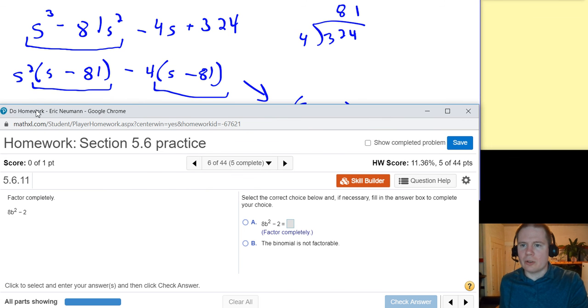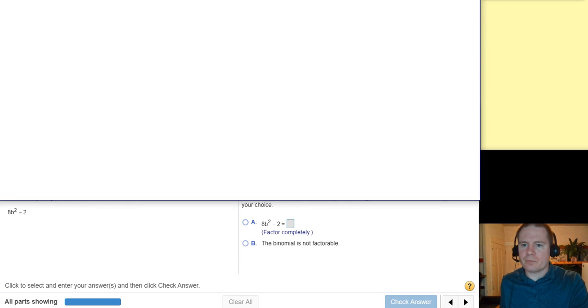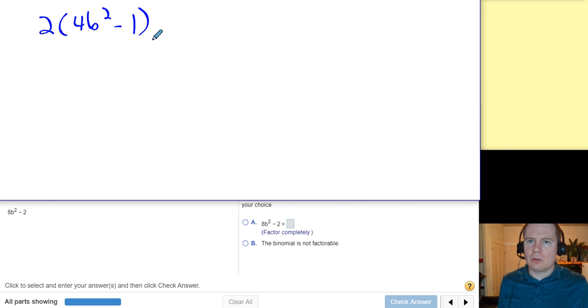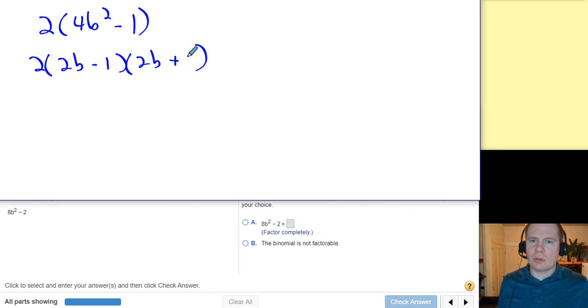All right, let's get in another one here. 8b squared minus 2. All right. So right away, I hope you recognize 2 is a common factor here. 2 times 4, 2 times 1, and difference of squares. All right, 4 is a perfect square, so that's 2b times 2b. 1 is a perfect square, 1 times 1 is 1, right?